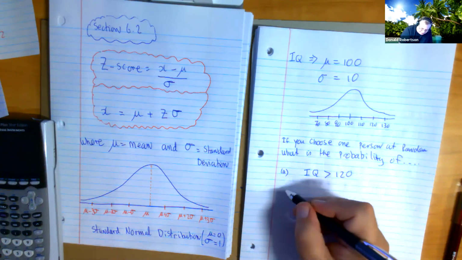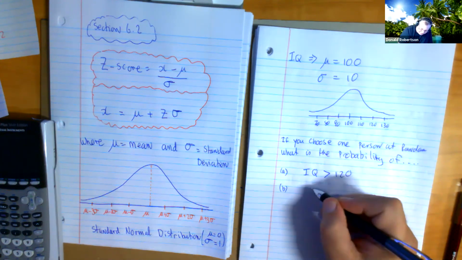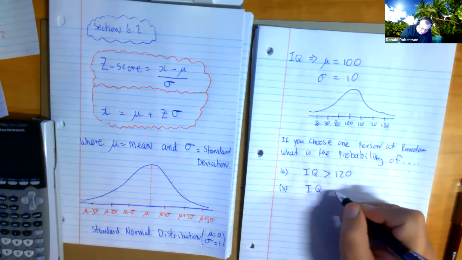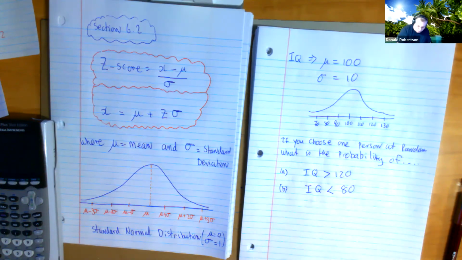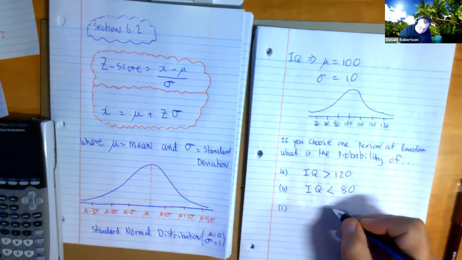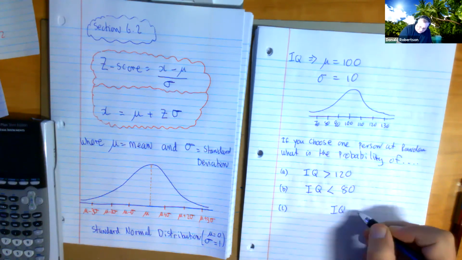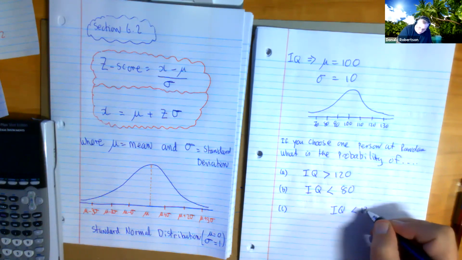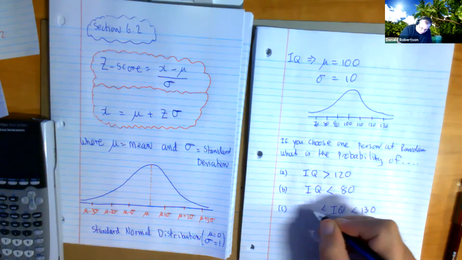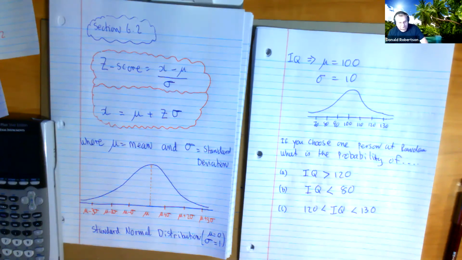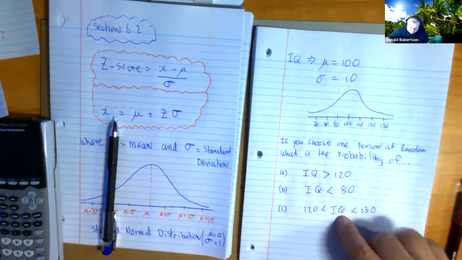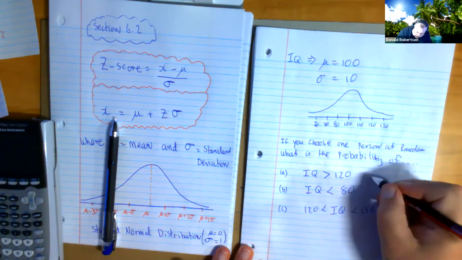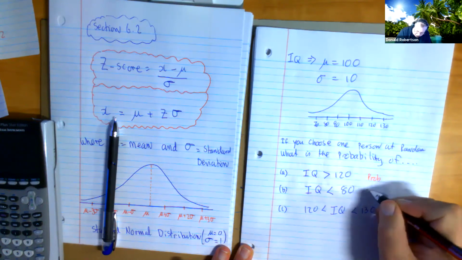You could get, what's the probability that you get someone who has an IQ less than 80? You could get, what's the chance that you get someone who has an IQ somewhere between 130 and 120? Or any other permutation you want of these guys. Now, every single one of those, we are going to find its probability.